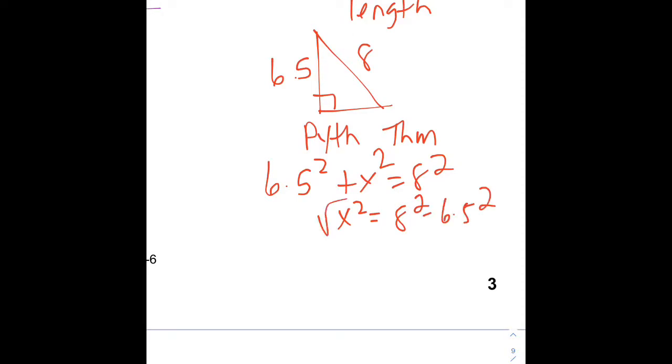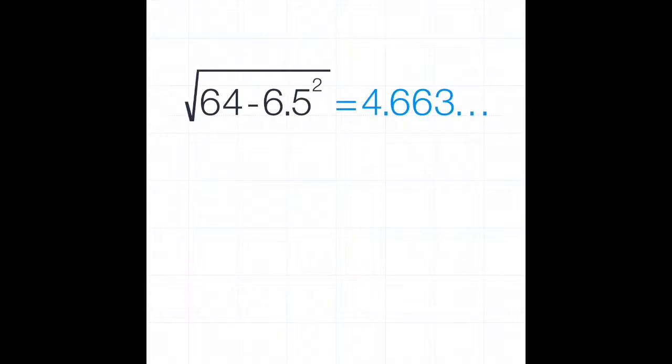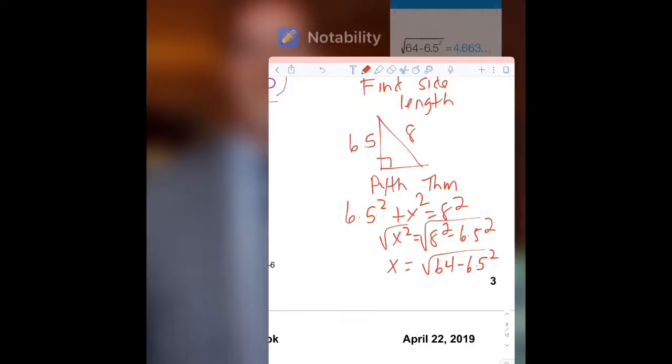So I'm going to take the square root of that. So that's going to be the square root of 64 minus 6.5 squared. And we get that it's 4.6. We'll round it to 4.7.